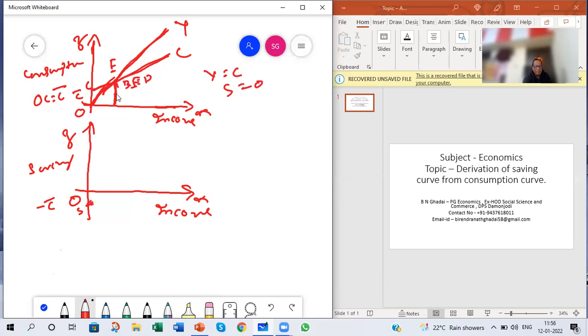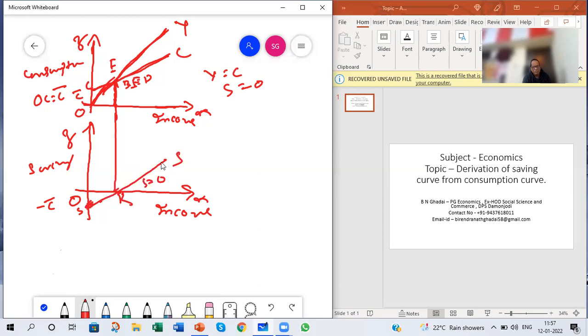So if you extend this line and it touches here, the saving curve will intersect the x-axis at point R. Point R corresponds to point E, because here saving is equal to 0. Because on the upper side consumption is equal to income, on the lower side you see the saving is 0, and this is the saving curve.